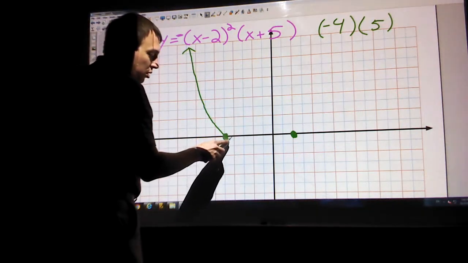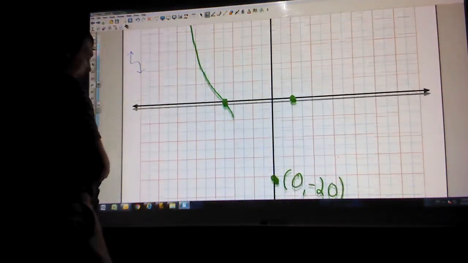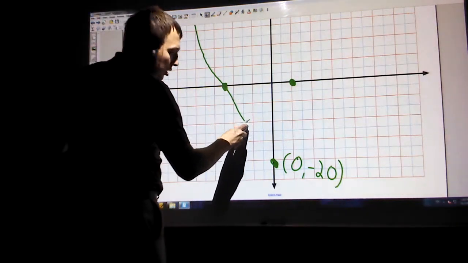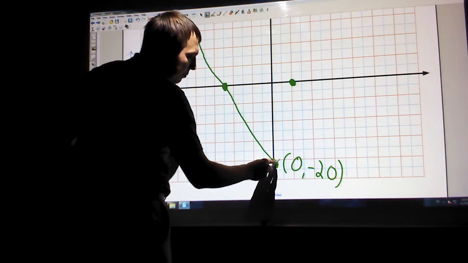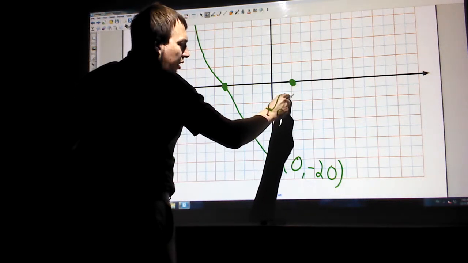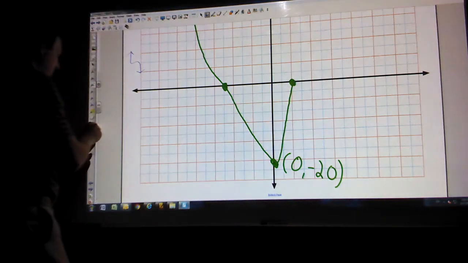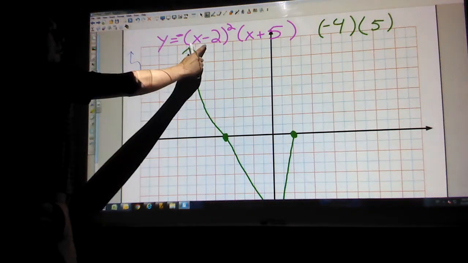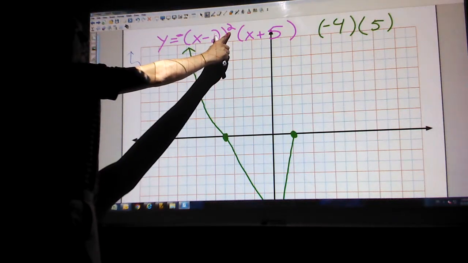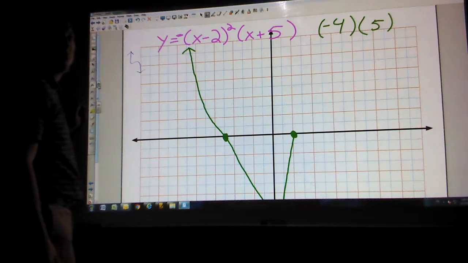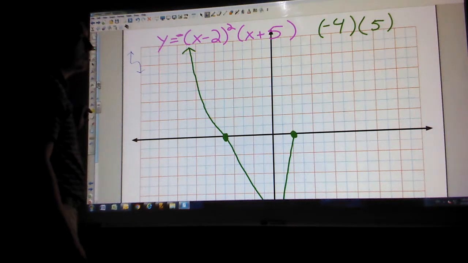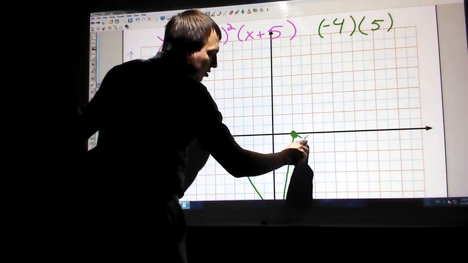So it goes through, and then I have to go through my y-intercept. So it's going to go down here, and then it's going to start to come back up, and then I come to another 0, +2. +2, I look at the exponent is 2. So that means it's going to bounce. So it's going to come up, bounce, and go down.